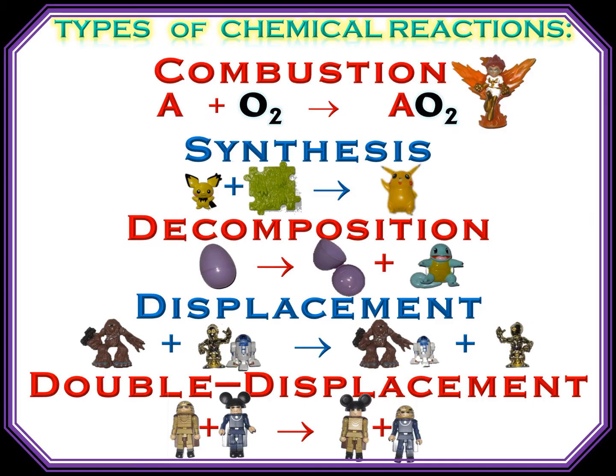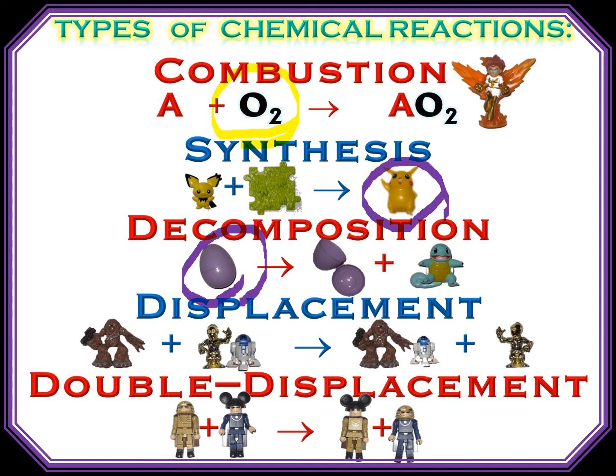So the 5 types of chemical reaction: combustion, a reaction with oxygen, always with oxygen, a specific element. Notice that was the only one that had a specific element involved. Well, if it's not combustion, then look at the others. One product, synthesis. One reactant, decomposition. Okay?